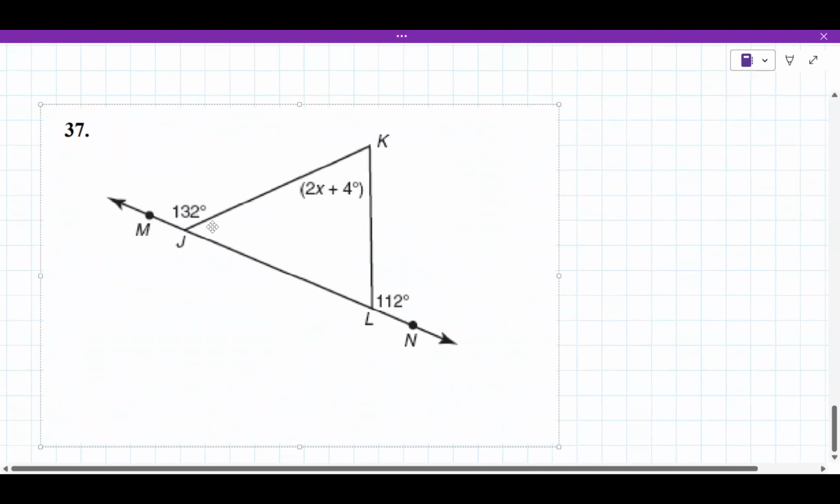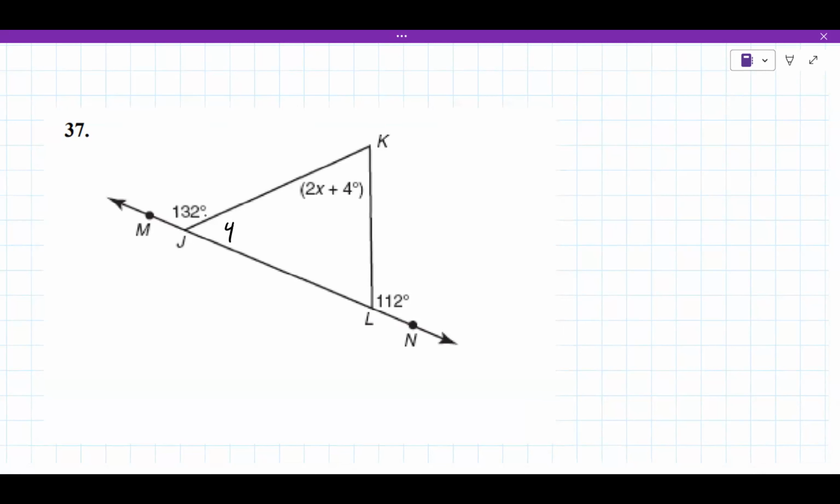So I recommend first finding angle J, then finding angle L, meaning the interior ones. J could actually refer to either one. All right, so 180 minus 132 would be 48.